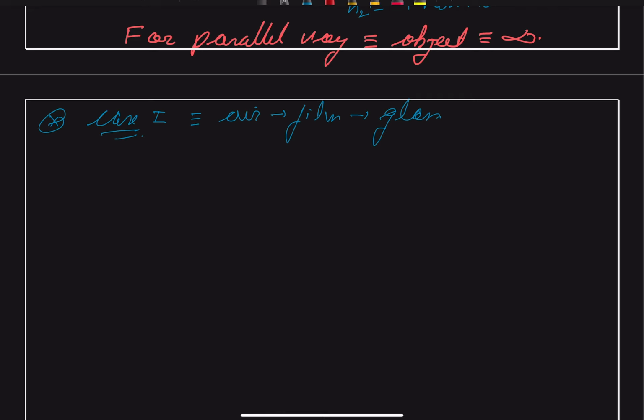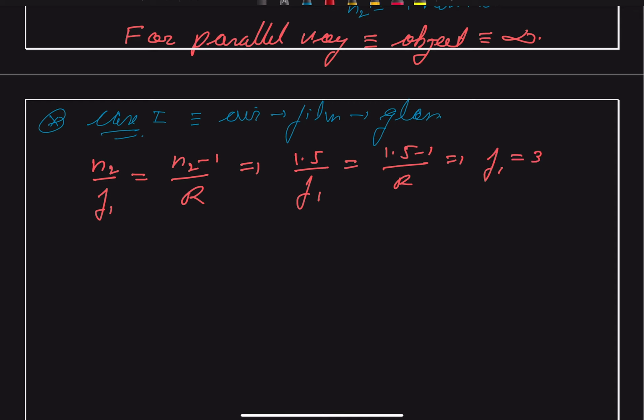So we can write that N2 upon F1 is equal to N2 minus 1 divided by R. N2 is our refracted medium, that is 1.5 divided by F1 is equal to 1.5 minus 1 divided by R. So this gives us that F1 is equal to 3 times R.